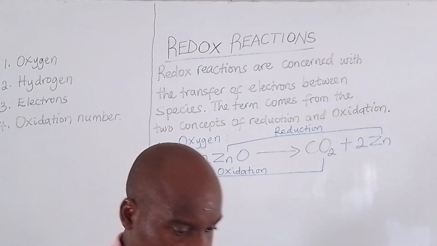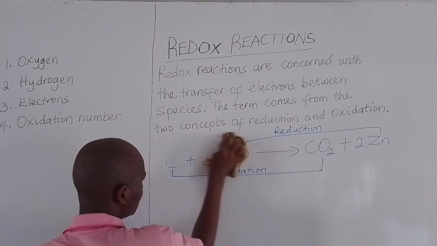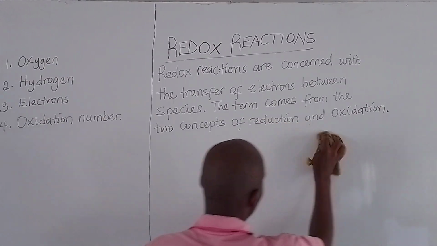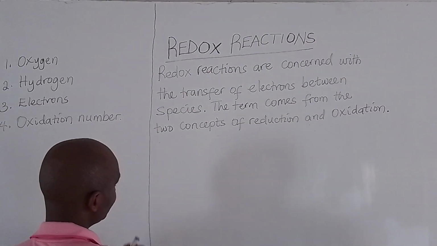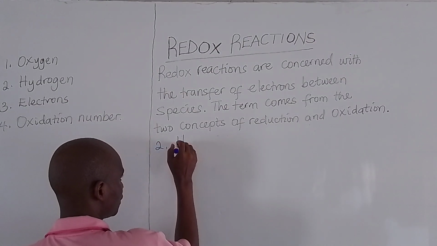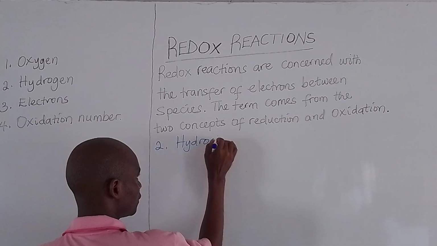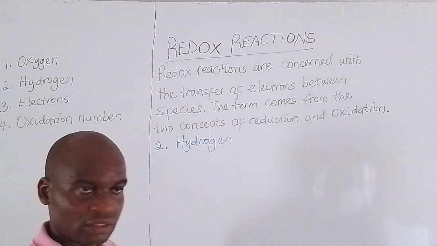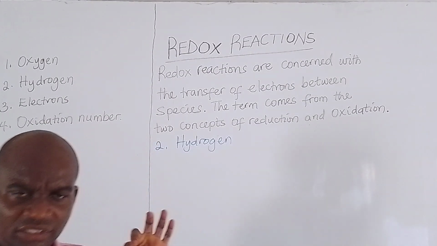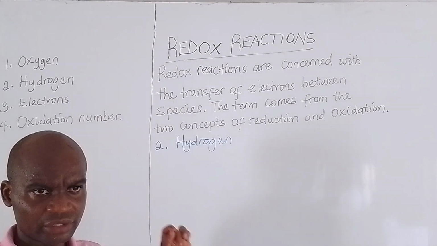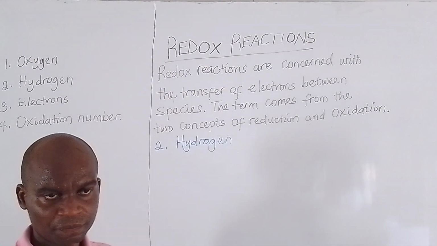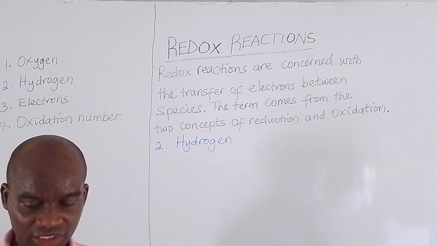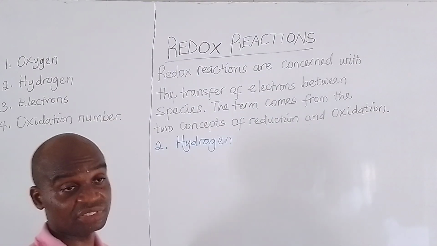We take number 2 definition, that is definition based on hydrogen. Based on hydrogen, we define oxidation as the removal of hydrogen from a substance, while reduction is the addition of hydrogen to a substance.